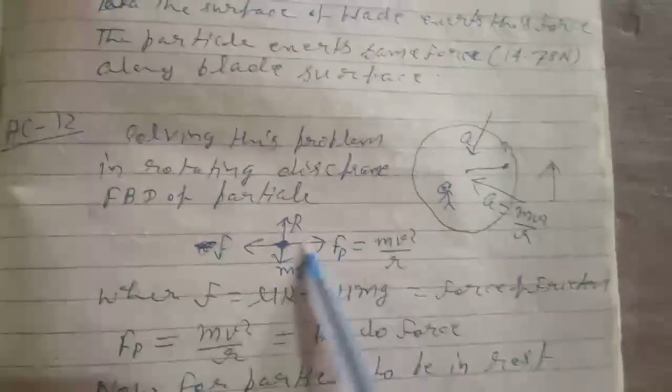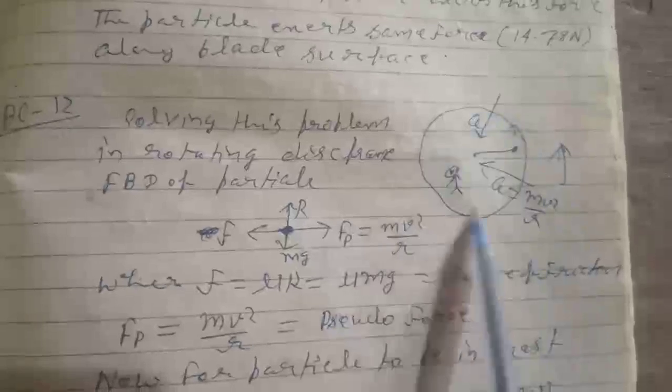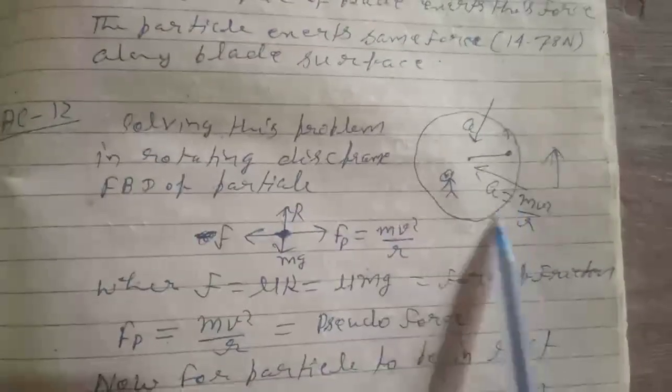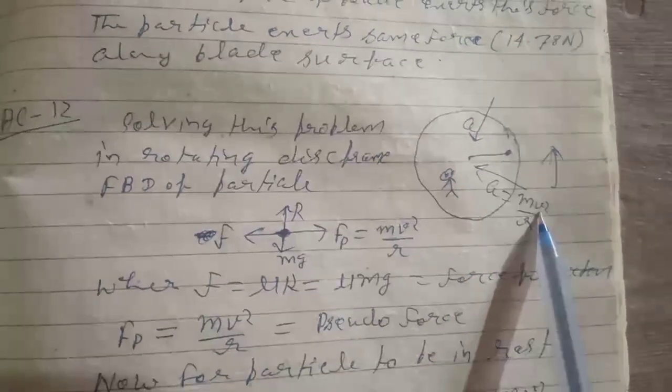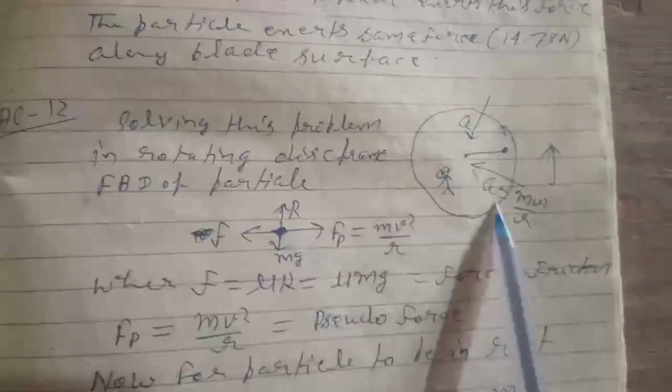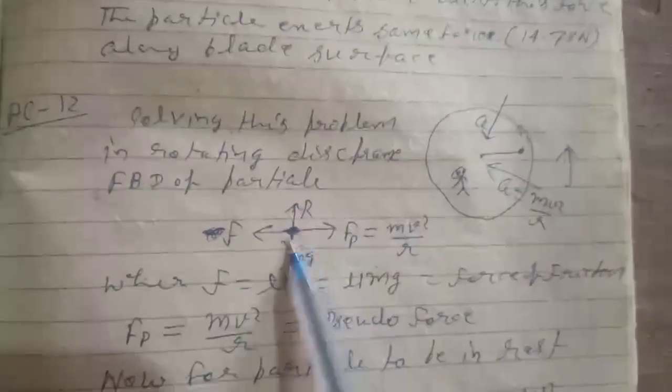Solving this problem in the rotating disc, the FBD of the particle is shown. This is the particle and it is rotating with centripetal acceleration, with linear speed v. So the centripetal force will be mv square by r.